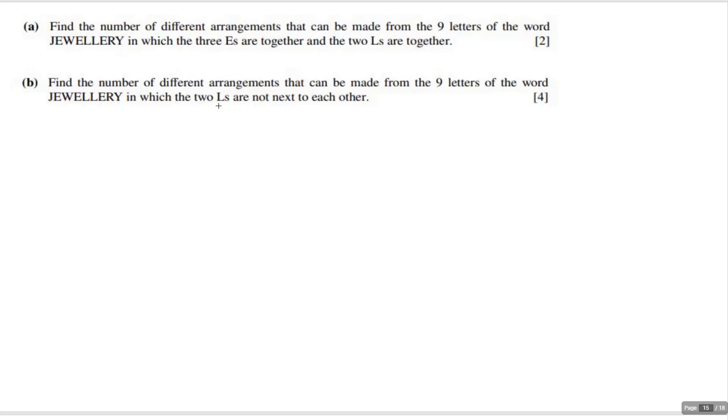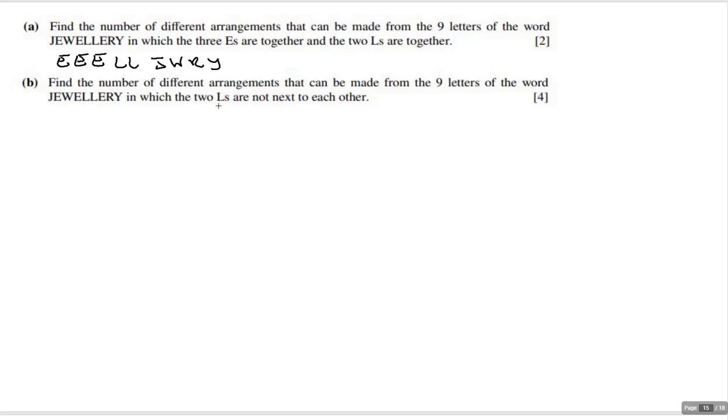How would you go about doing that? So here, let's do this. What are our together letters? E, E, E, 1, 2, 3. L, L, right? Anything else? J, W, R, Y. 1, 2, 3, 4, 5, 6, 7, 8, 9. 9 letters.